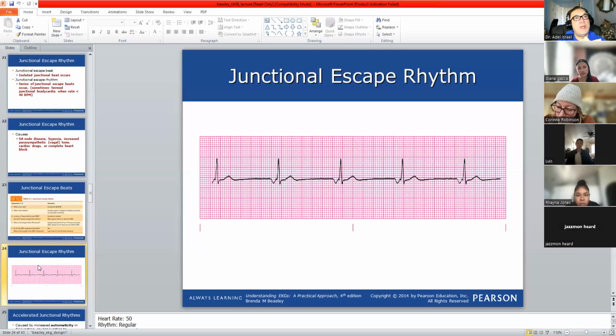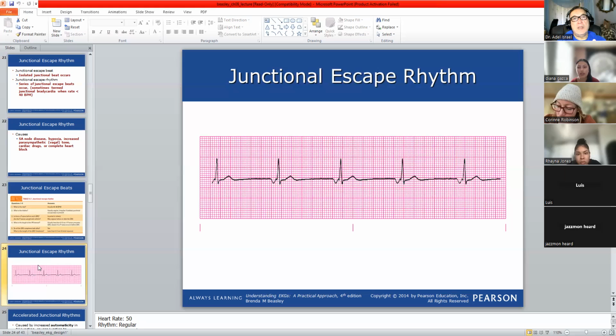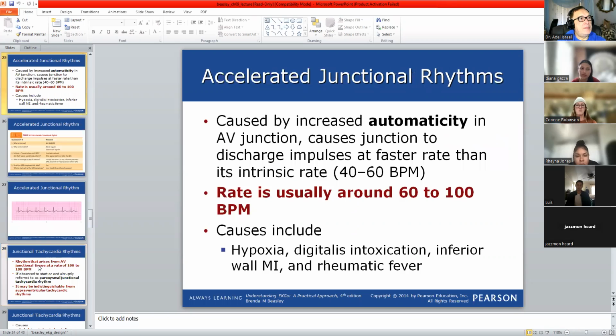This means it is normal. And after that, what is your interpretation? Your interpretation is junctional escape rhythm. Why do we put the word escape? Because we don't have any activity of the SA node. Clear? Very good. So this is the junctional escape rhythm.